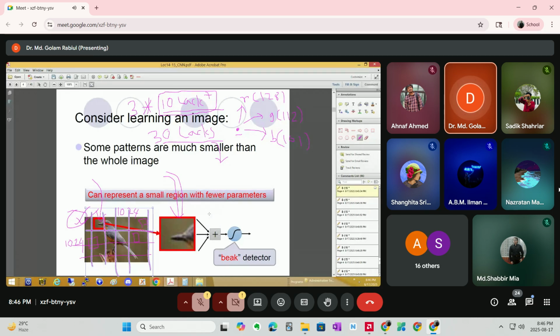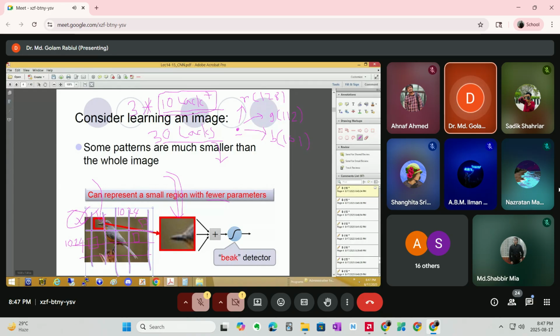So we want to utilize several detectors instead of learning the whole image. Then what will be the benefit of that? In that case, this detector will search for the beak in this image, another detector will search for the eye, another detector will search for maybe the tail, in this way.